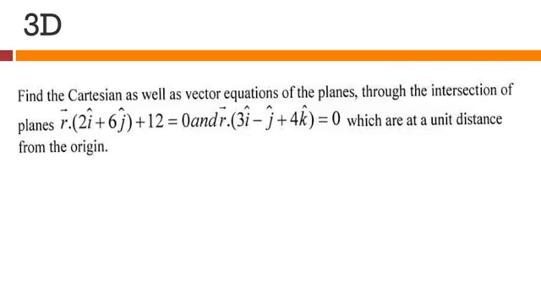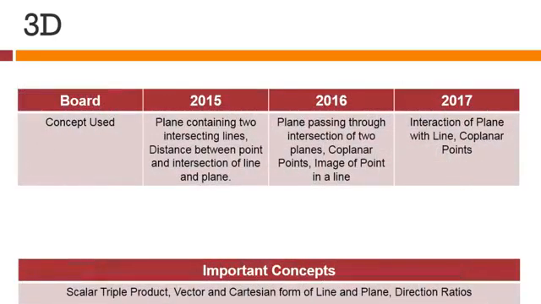As soon as I am given 2 intersecting lines, I know 2 vectors lying on those lines and I know their directions, so I can get the perpendicular direction by doing the cross product of their directions. Similarly, questions are asked on distance along the line, which comes in 4 markers, or maybe 2 marker this time. Let's look at the concepts that have already come.